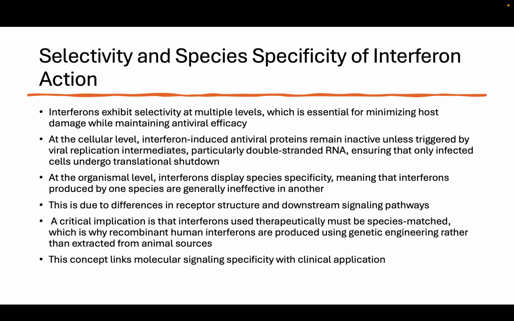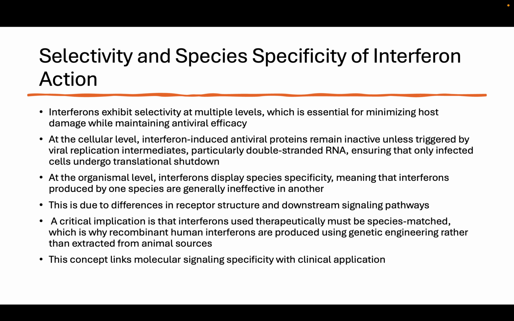One thing that is quite interesting is that the interferons we just spoke about are actually selective in some way. Specifically at a cellular level, interferon-induced viral proteins remain inactive unless triggered by viral replication intermediates.